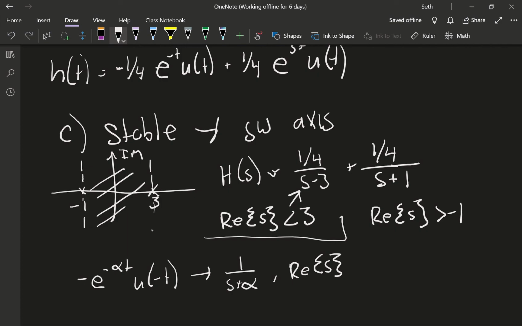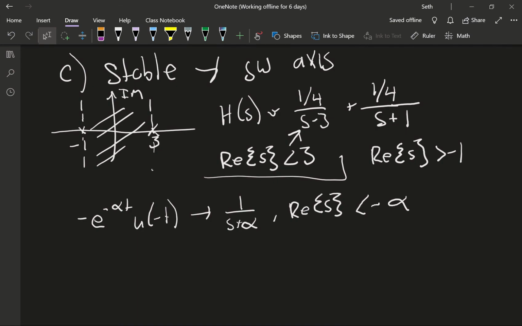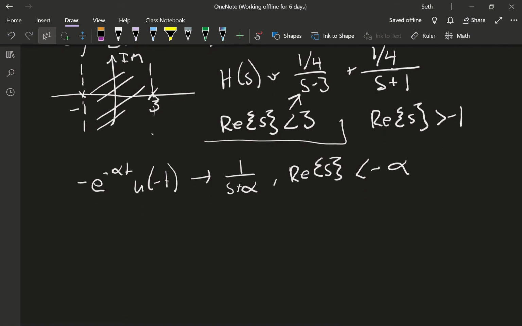My brackets usually look a little better than that, but here's our condition. So we see the first part of this one's going to go h of t equals 1/4.